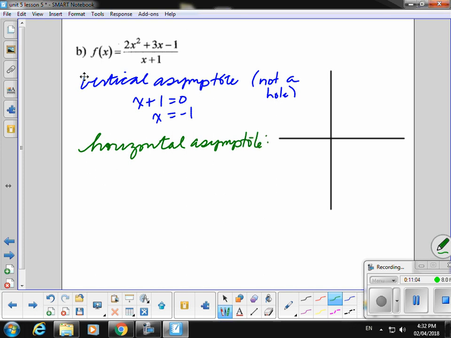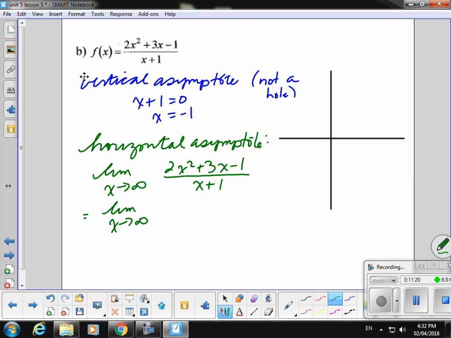Okay, I'm going to look at the limit as x approaches infinity of 2x squared plus 3x subtract 1. I am going to factor out the largest power of the variable. I have an x squared, so 2 plus 3 over x subtract 1 over x squared. If I factor out an x, I have 1 plus 1 over x.